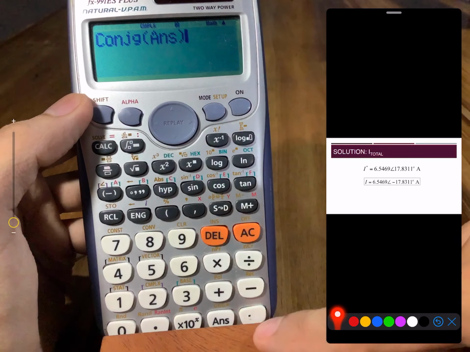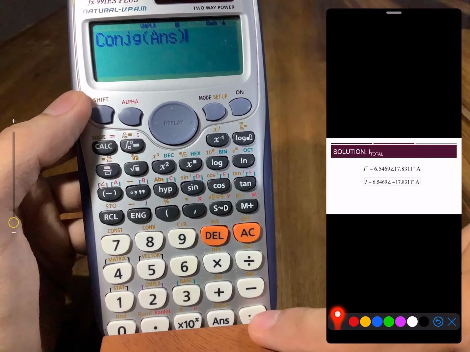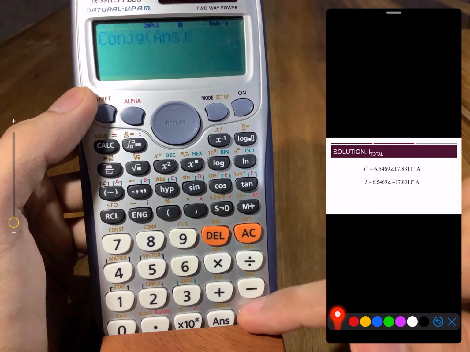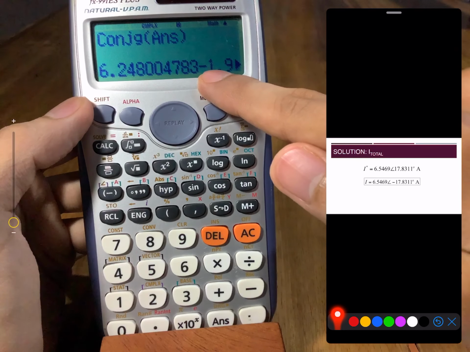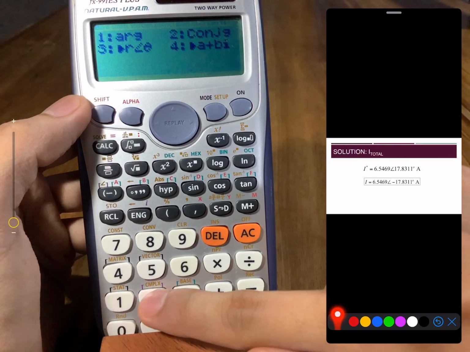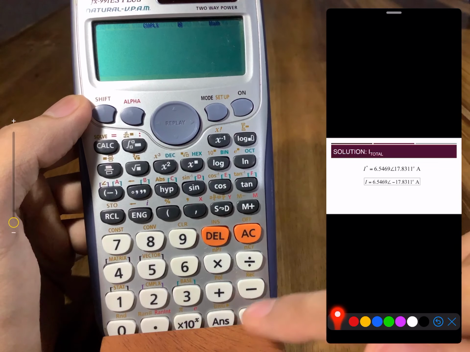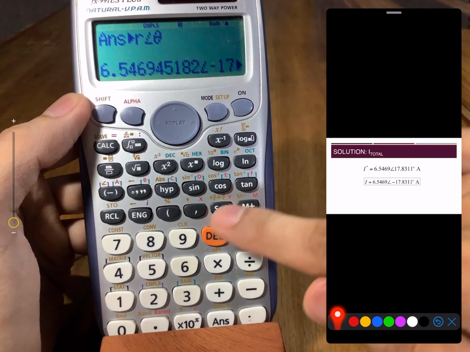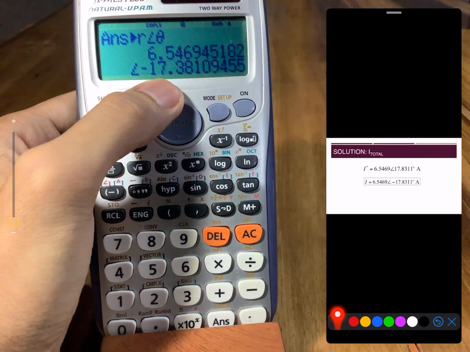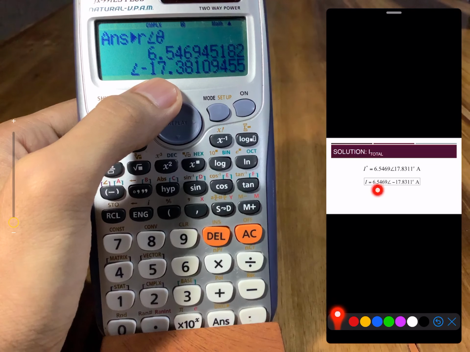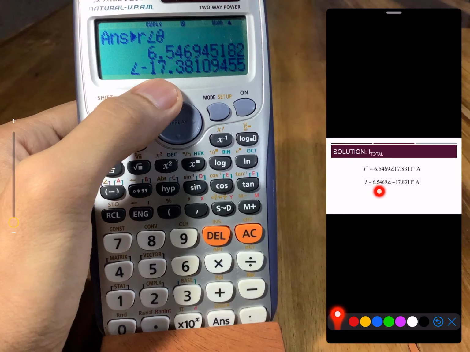Okay, currently the computed value of the current, and the answer is this one. So take note, this is in rectangular form. We convert that into polar form. Okay, and in terms of polar form, we press this part. So we have 6.5469. So same magnitude, but take note of the angle.